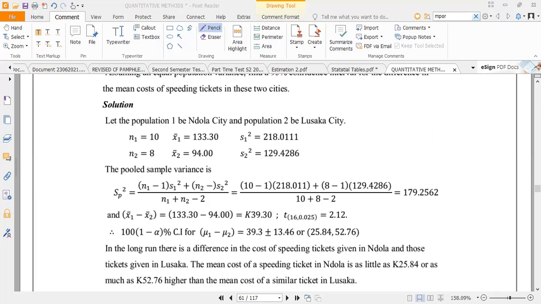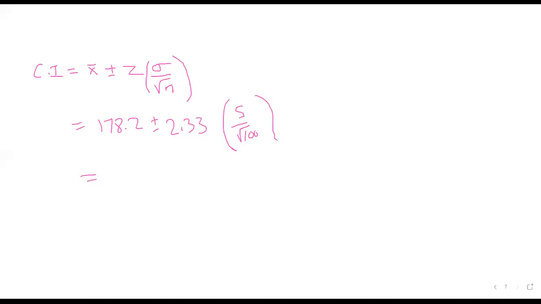So we're going to apply all the principles we've just looked at on confidence interval, then we go to two samples. So sometimes we're given two samples.